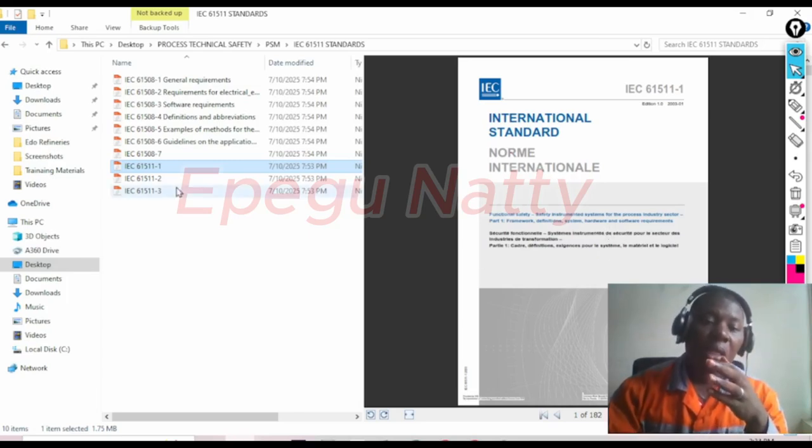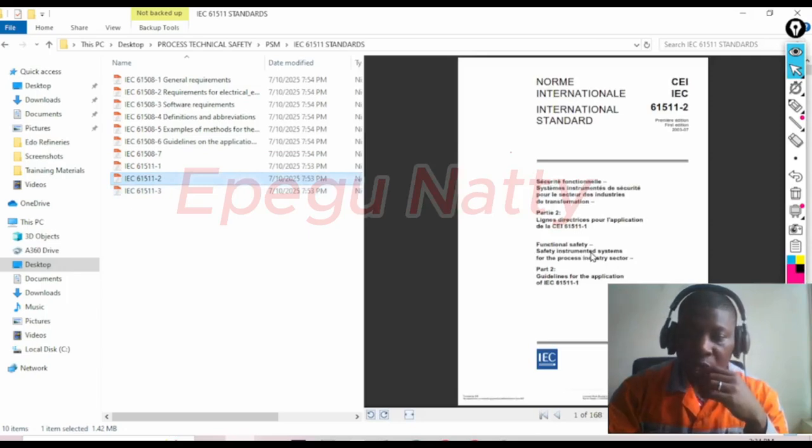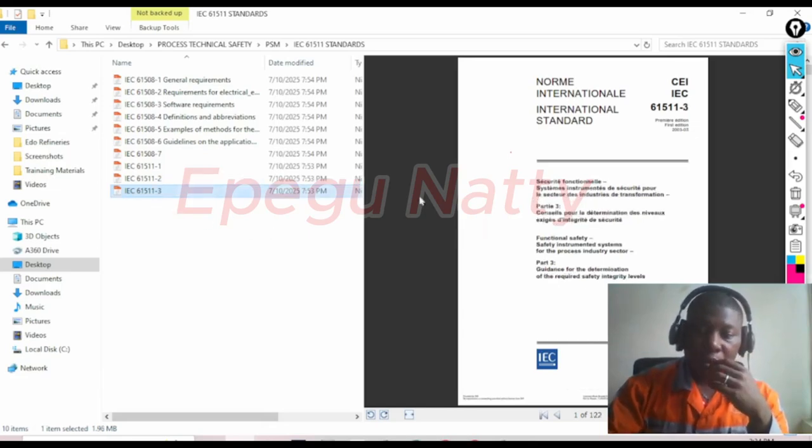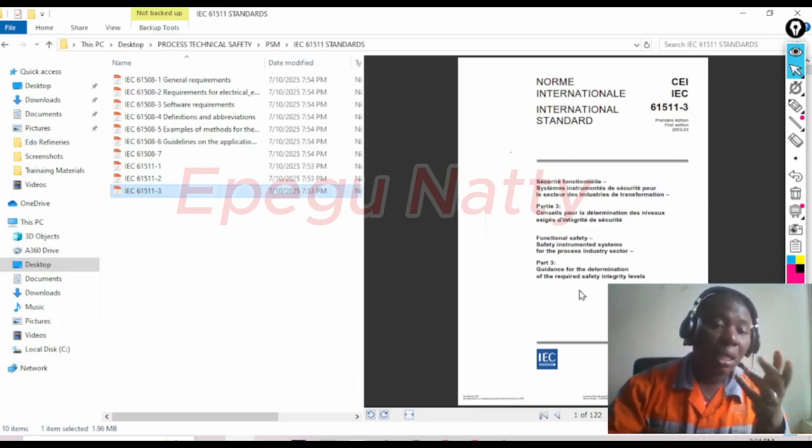That's the part 1. Now the part 2 is talking about functional safety, which is the safety instrumented systems for the process industry sector, and it's about the guidelines for the application of IEC 61511. Now the third one is the guidance for the determination of the SIL, the required safety integrity level.